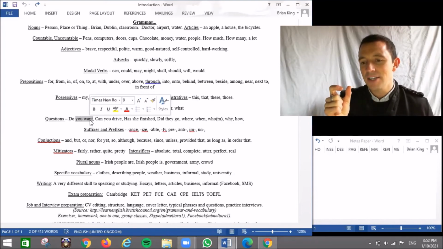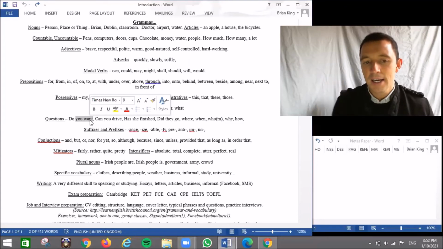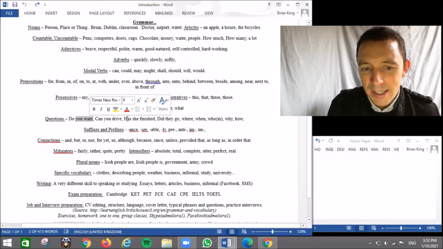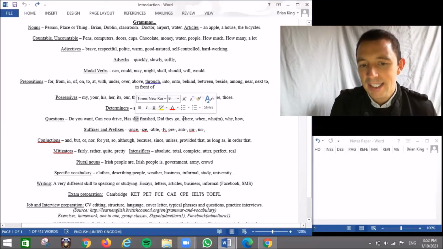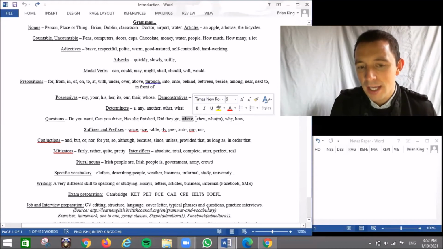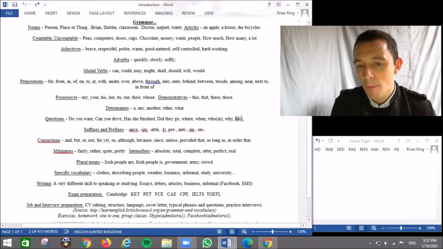So with do, hacer, is the question in English. And also, this is the present perfect, and you change the position of the subject. So for the question, you change the position of the subject in the present perfect. Okay, and then always where, donde; when, cuando; who, quién; why, por qué; and how, cómo.